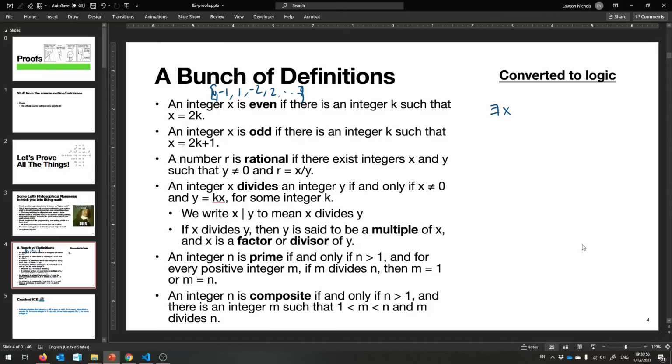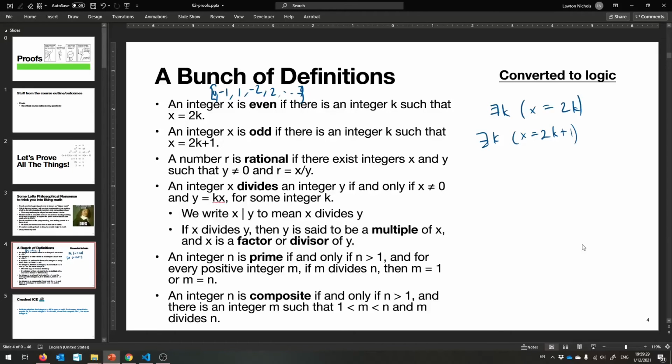So it's even if there exists a k such that x equals 2 times k. So that's, in logic, what it means to be even. Similar to even is odd. So an integer is odd if it's exactly 2 times something plus 1. There's a 1 left over. There's a remainder. There exists a k such that x equals 2k plus 1.